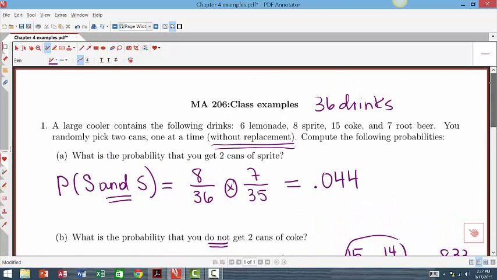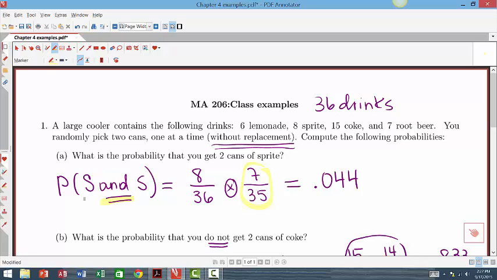Okay, so let's review real quick what rules we've done so far in here. So here we did what? Multiplication rule, but not only that, these 2 events are dependent, so we used conditional probability. Okay, conditioned on what? Well, the condition was that the first one was already Sprite. That changed the probability of getting Sprite again.